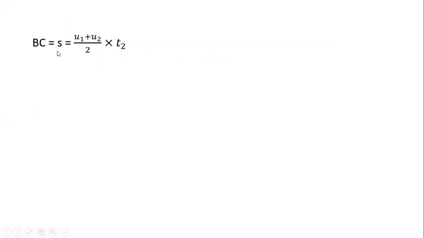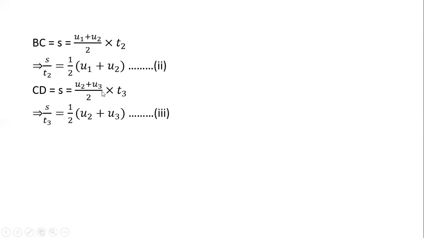For the second part, BC is equal to s equal to (u1 plus u2) by 2 into t2. If we divide this equation by t2, then we get s by t2 equal to half (u1 plus u2), which is equation number 2. For the third part, CD equal to s equal to (u2 plus u3) by 2 into t3.